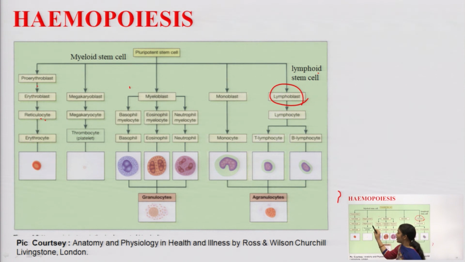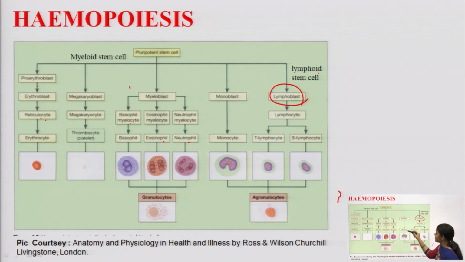Megakryoblasts form the megakaryocytes, which form the thrombocytes. Myeloblasts, which are precursor cells, divide many times and form the basophil myelocytes, eosinophil myelocytes and neutrophil myelocytes, which give rise to basophils, eosinophils and neutrophils respectively.